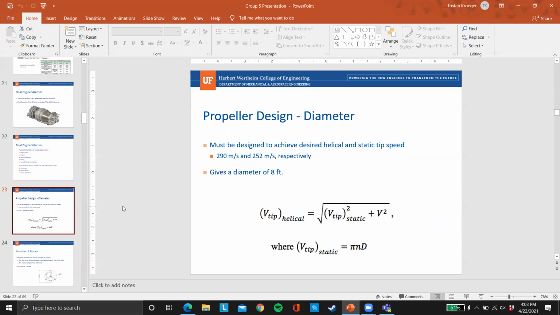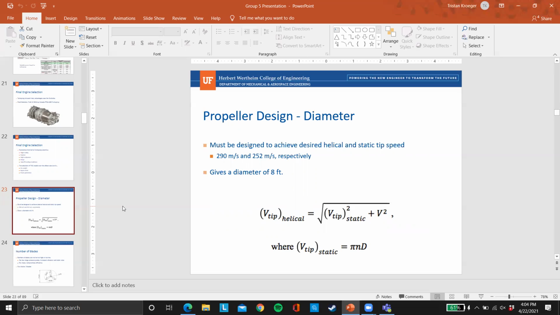Yes, this page. We have the tip speed constraint. Of course, we want to make sure that the tip speed is lower than the critical Mach number of whatever airplane you choose. That is for sure. So this is just one constraint.